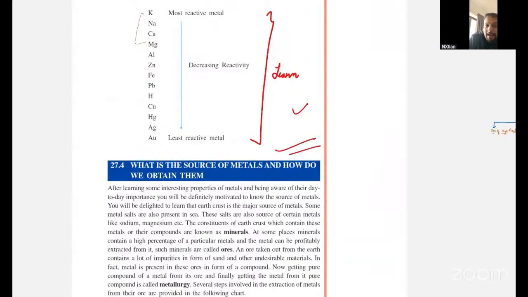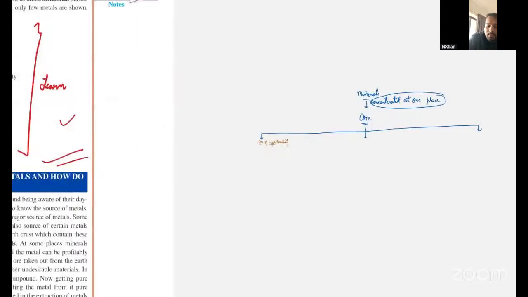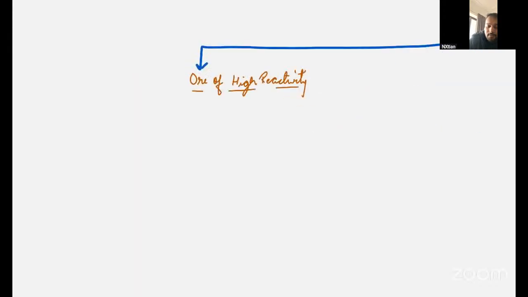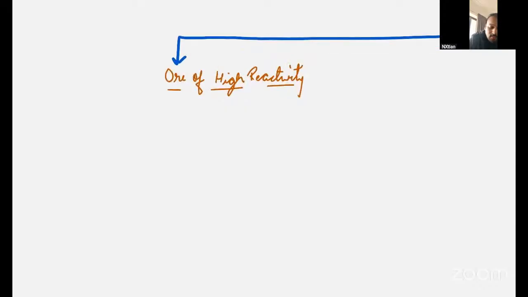So if a high reactivity metal is there, then how will we extract it? We will extract it by the process of electrolysis refining. What is this? We will learn in the coming part. With the help of electrolysis refining, we will extract high reactivity metal.